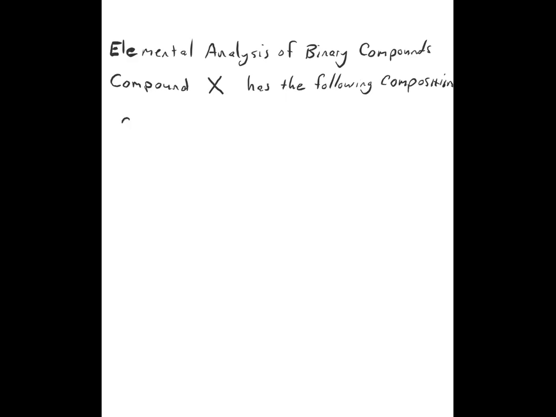So there's two of them here. One is chlorine, and the other one is oxygen. And then they give you what's called the mass percent. Now, we talked about mass percent way back in section 2 of chapter 3. And then the question is, write the empirical formula for this compound X.